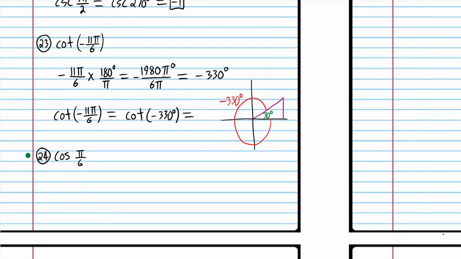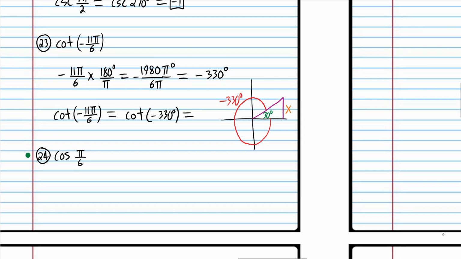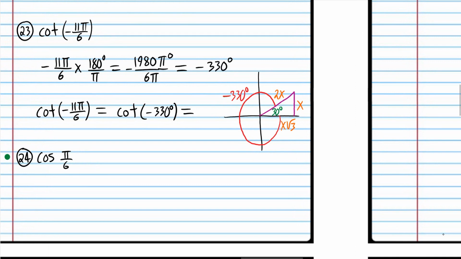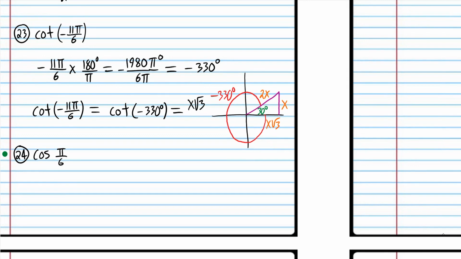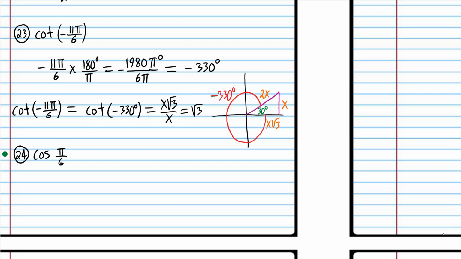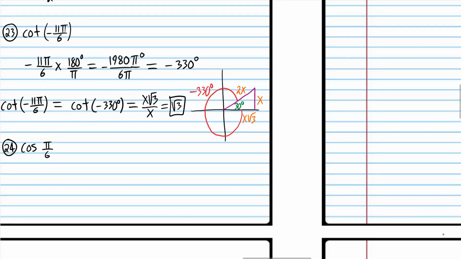And obviously this is a 30, 60, 90 triangle, so this side is x, this side is x root 3, and this side is 2x. So cotangent is defined to be the side adjacent the green reference angle divided by the side opposite the green reference angle. And as you can see, our trig ratio is going to be root 3. So there you go.